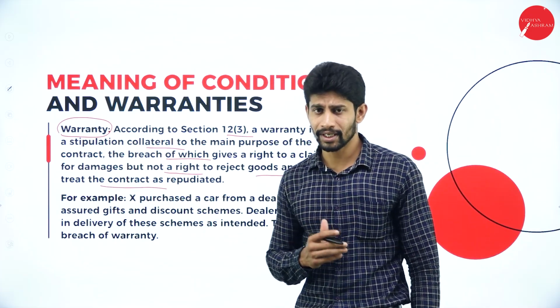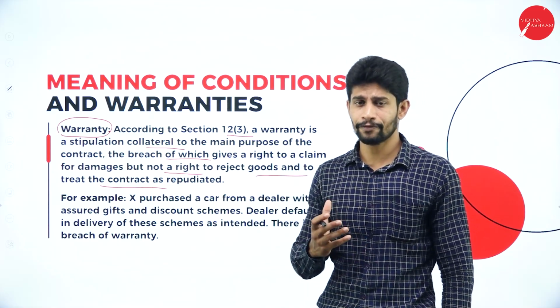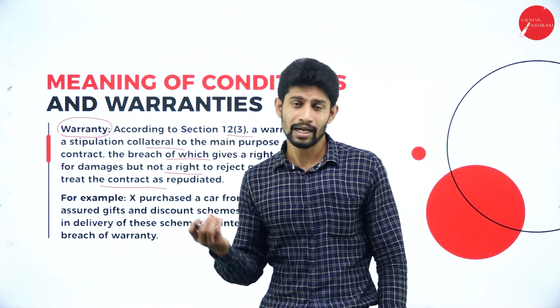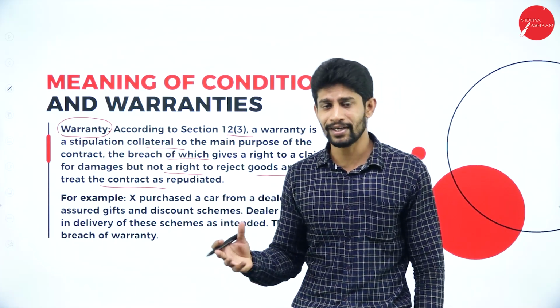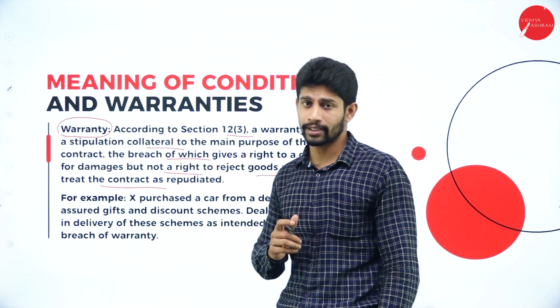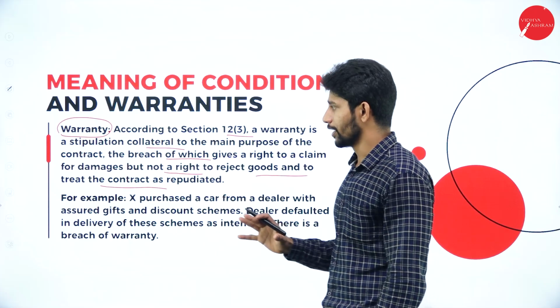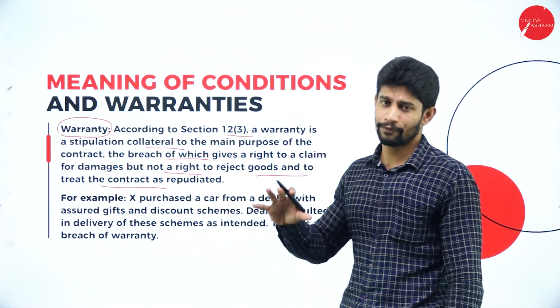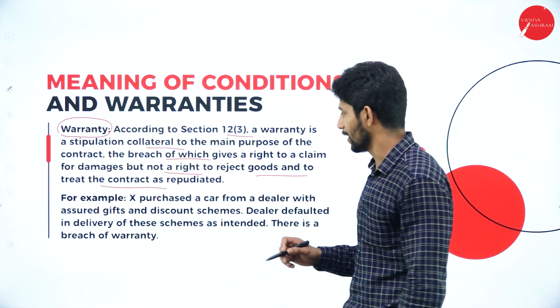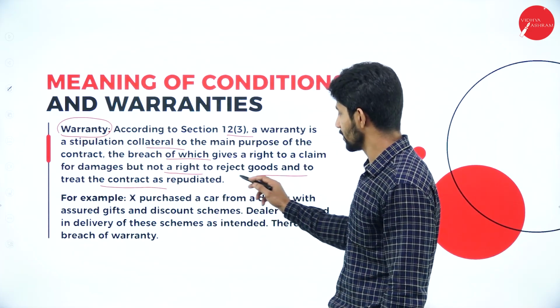That means in conditions, if the conditions applied are not satisfied, they can avoid or reject the product. But under warranty, if the warranties are not fulfilled by the seller, then they have the right to claim damages only, not to reject goods.